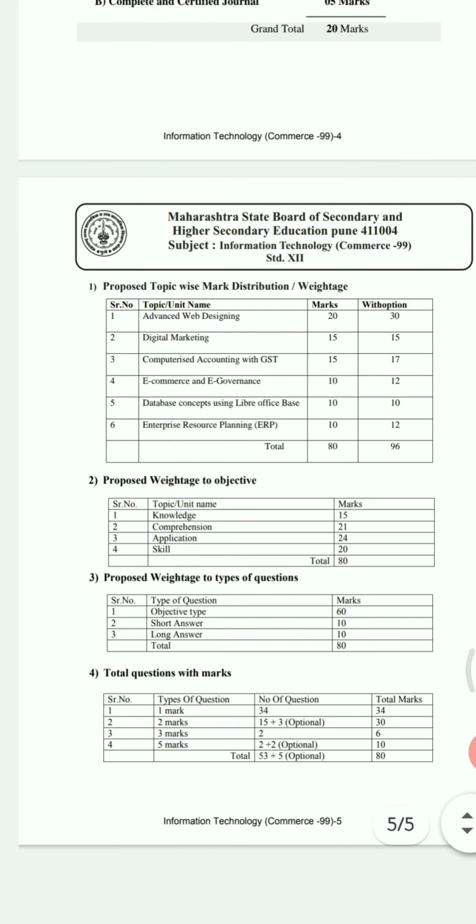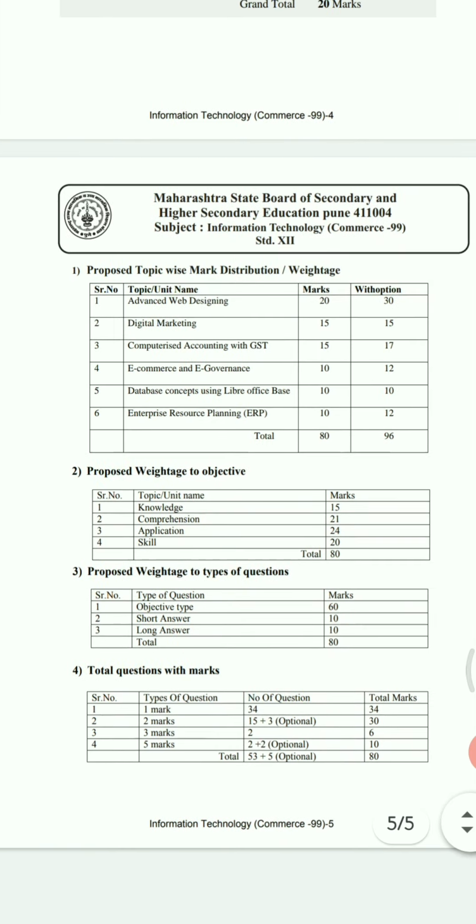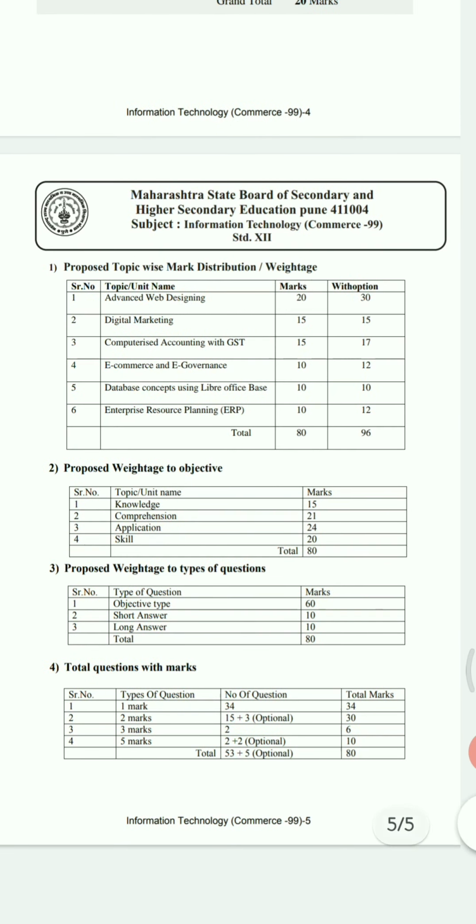After that we have the next section, how the weightage is distributed. The chapter-wise weightage: the first chapter, advanced web designing, has a total of 20 marks, and with option it is 30 marks.